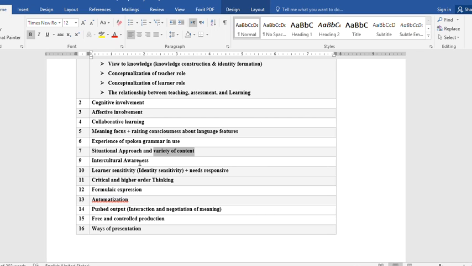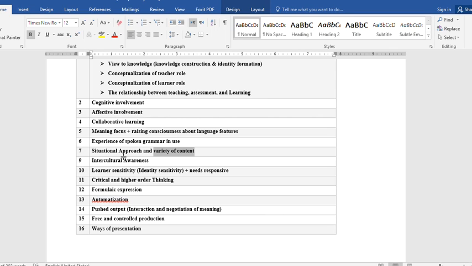A variety of situations should be included in the materials. For example, if we are developing and using a textbook with a focus on general English, we cannot always talk about, for example, airport and traveling. So different issues, different topics, different problems common to ordinary people should be included.